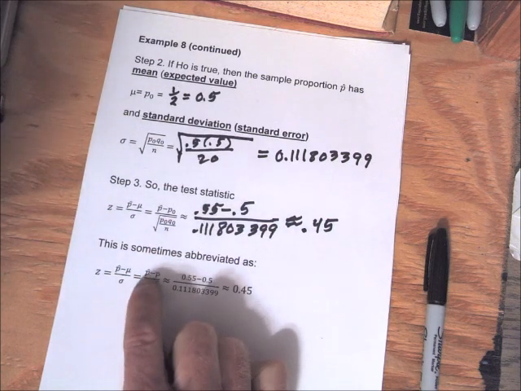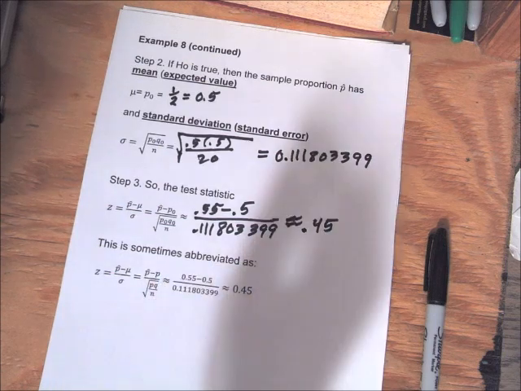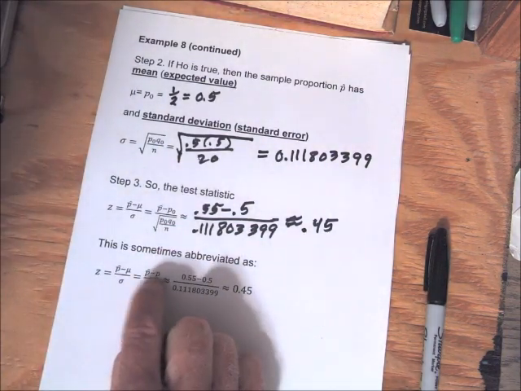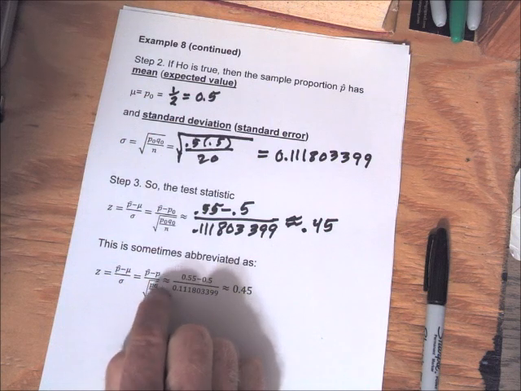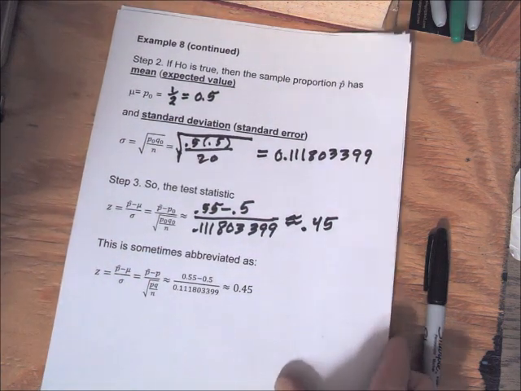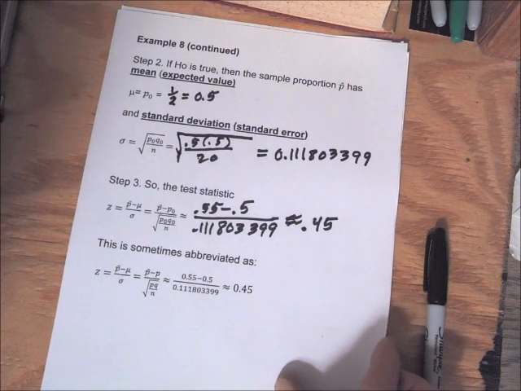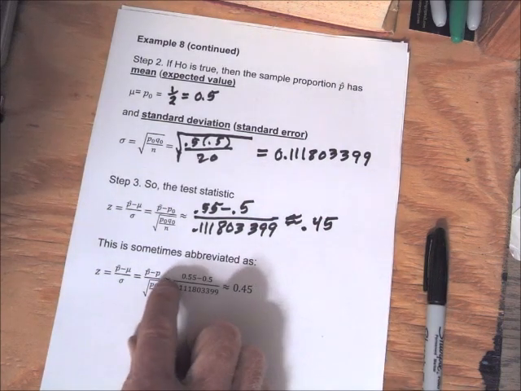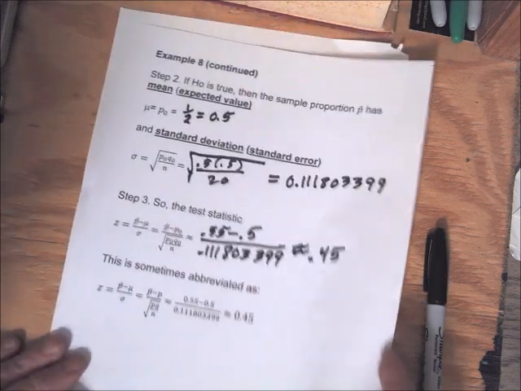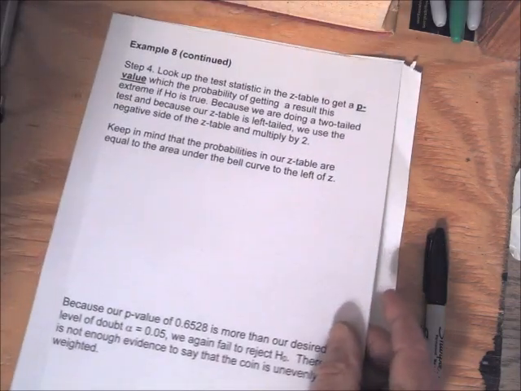The shorter formula is a little bit ambiguous because it's not specifically specifying the null value, but it's less handwriting. So if it's clear that you're using the null value, you don't necessarily have to put the P0 and the Q0 in the formula.